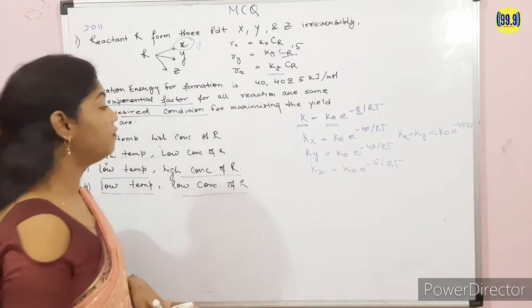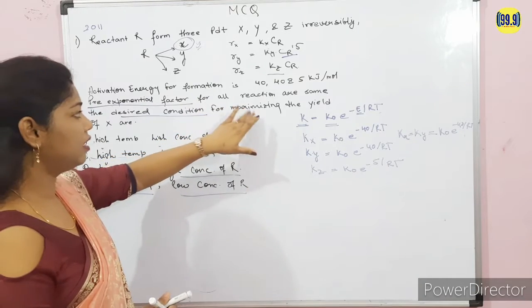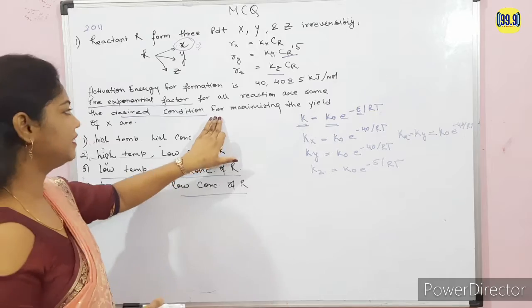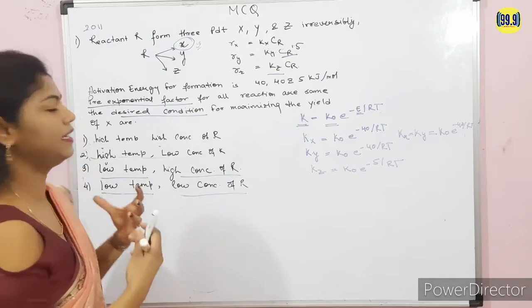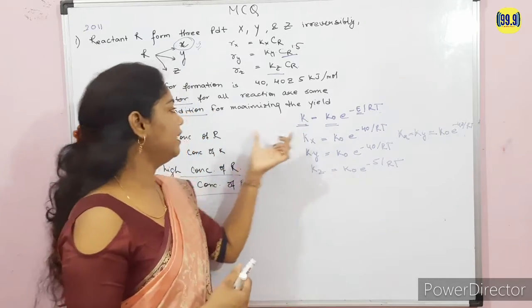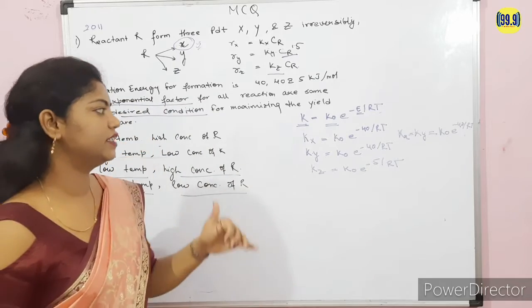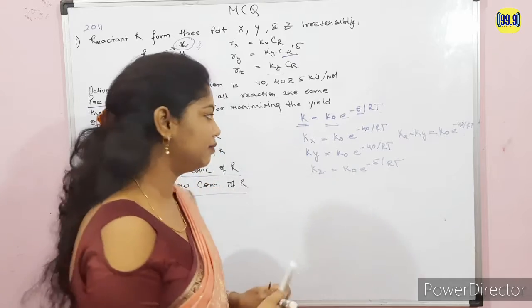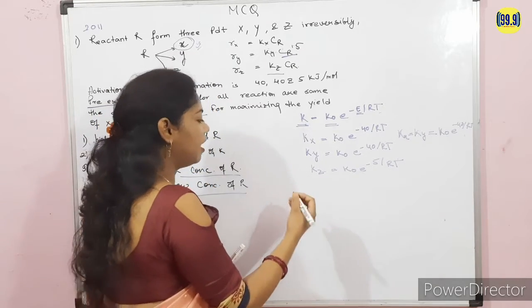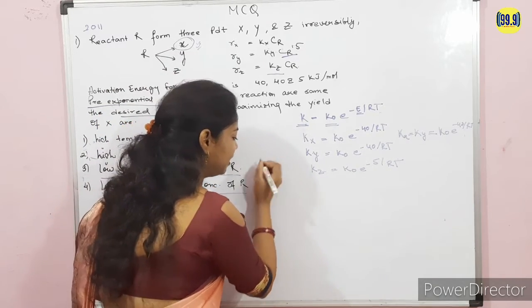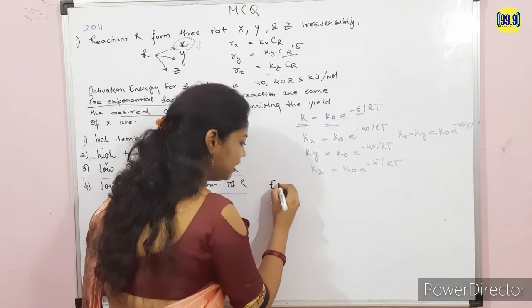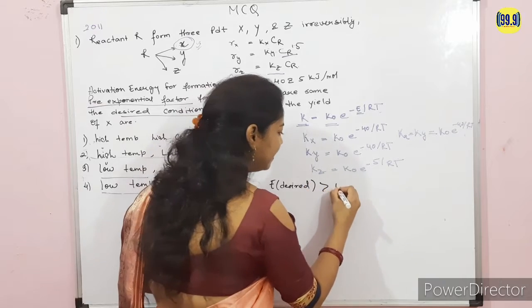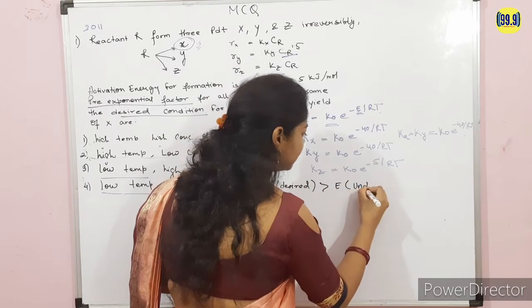In the question they ask what the condition is for the maximum yield of X. We know that the favorable condition is when the activation energy of the desired product is greater than the activation energy of the undesired product.